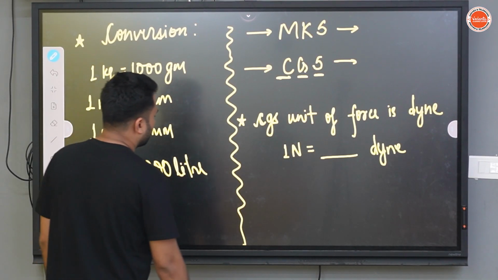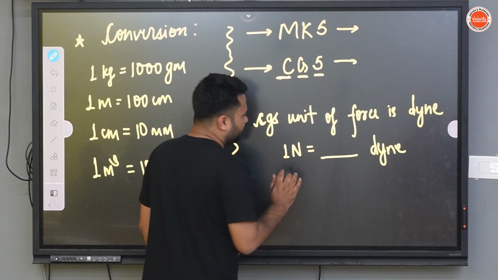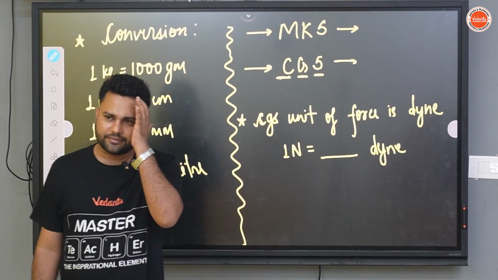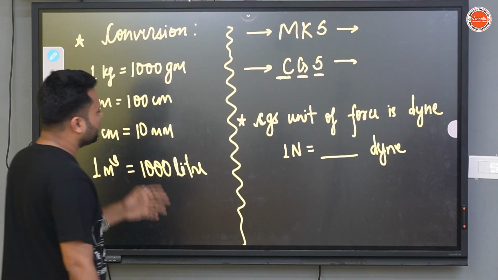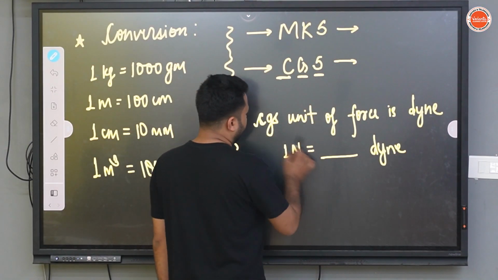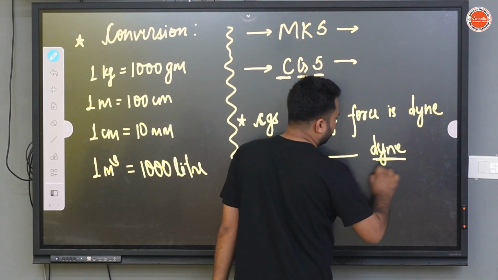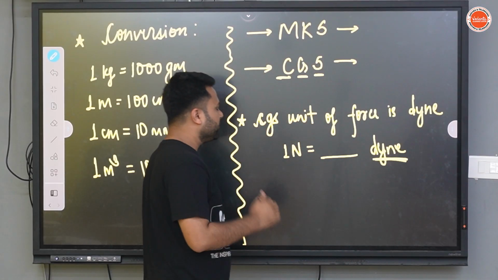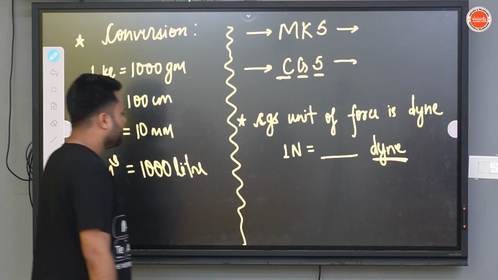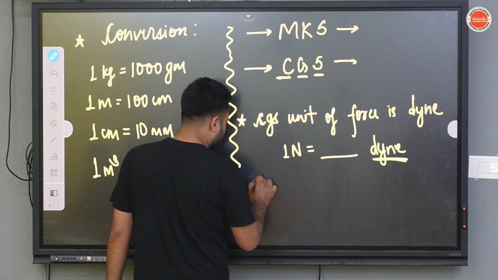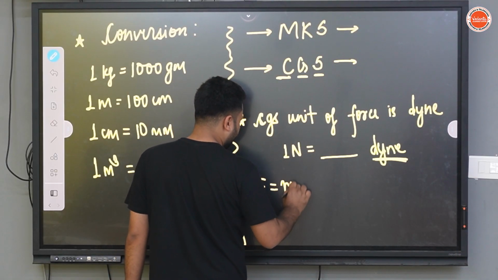You know that the SI unit of force is Newton. And the CGS unit they have given is dyne. Now we have to say 1 Newton equals how much dyne. So see, force is basically mass into acceleration.